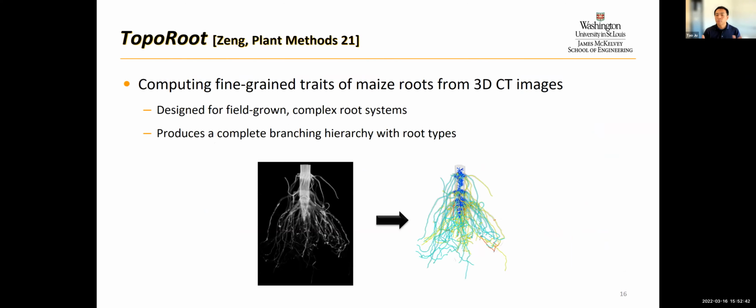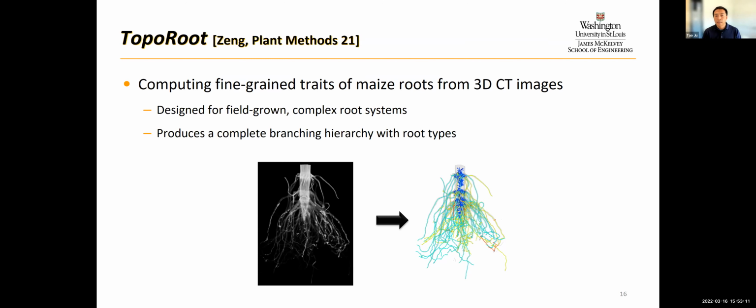It's a software pipeline that takes 3D CT images of mature root systems of maize or corn, such as those excavated from the field, and will produce a complete hierarchy with different root types and associated geometry measures for individual roots.